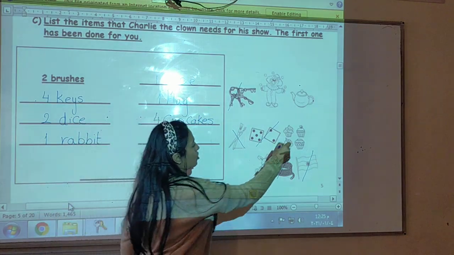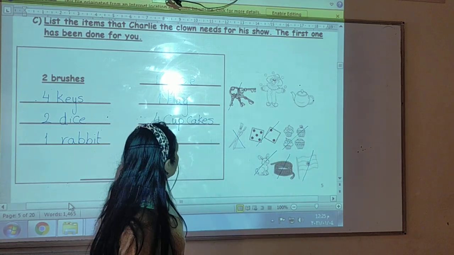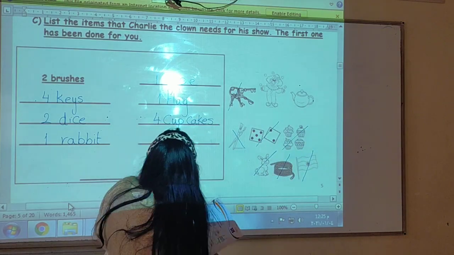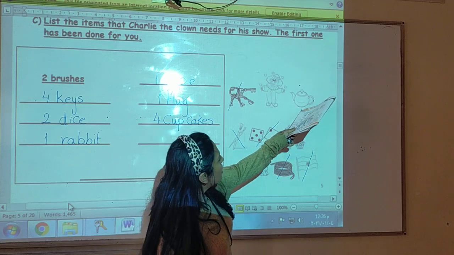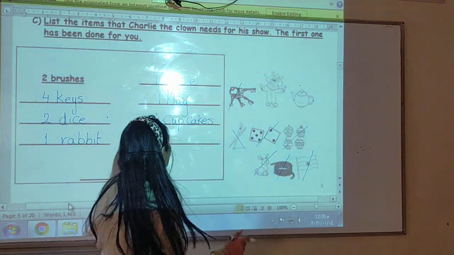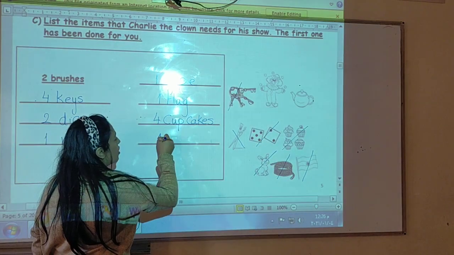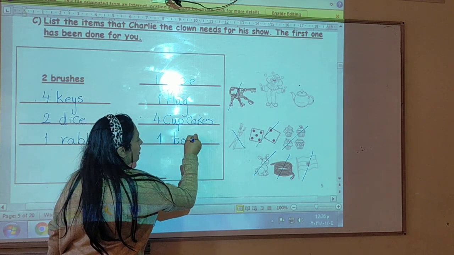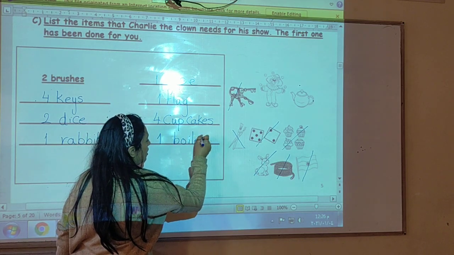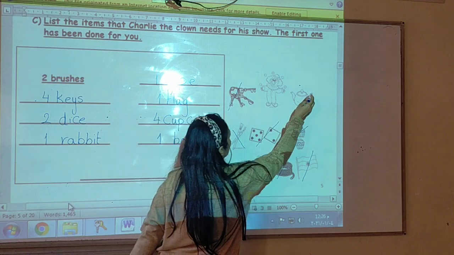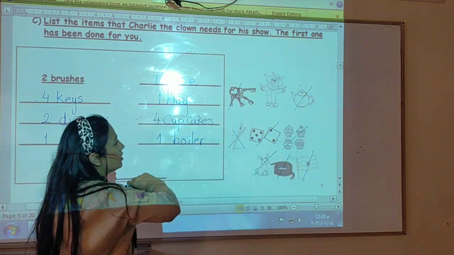And we are going to cross the cupcakes. What is missing here? Okay, the boiler. There is one boiler only in the picture. One boiler, and we are going to cross the boiler.